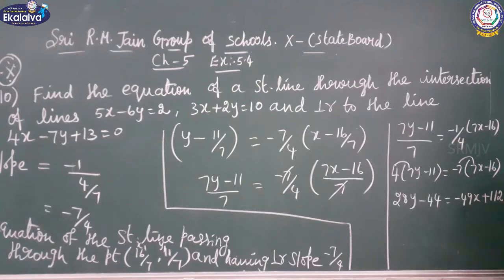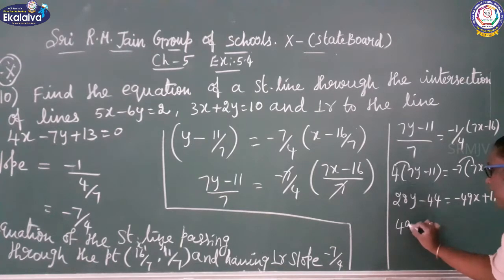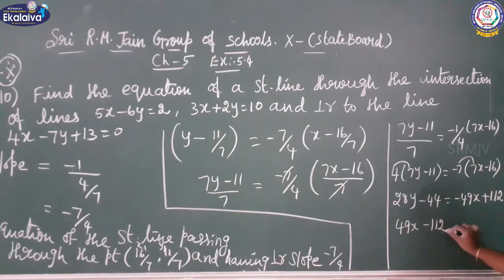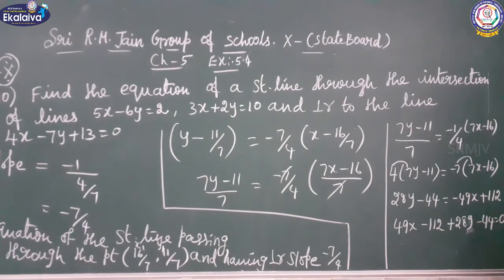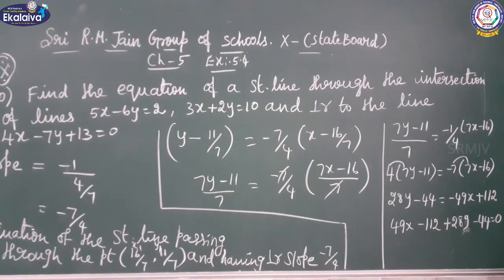So here x is negative, so you can bring it into the left hand side. 49x minus 112 plus 28y minus 44 equal to 0.